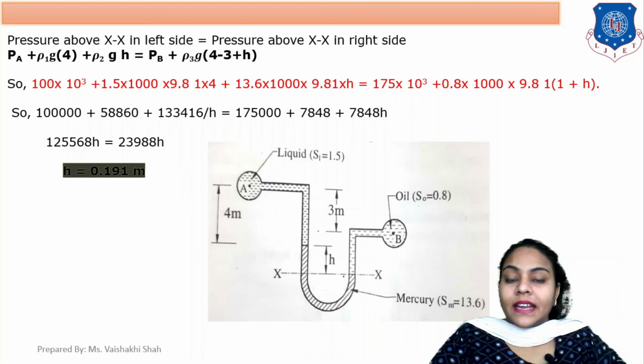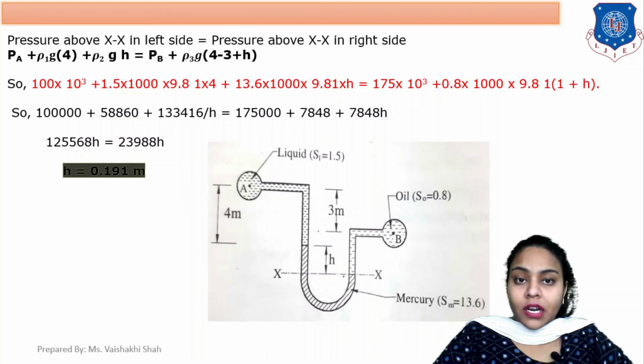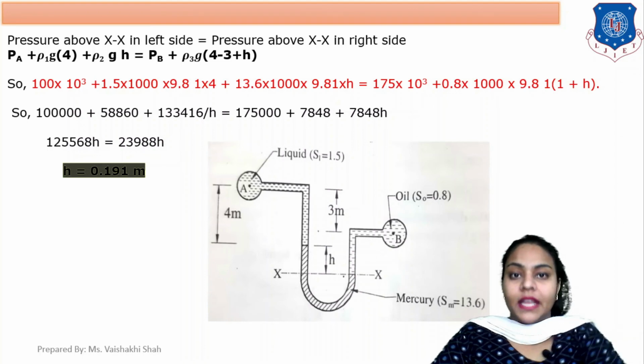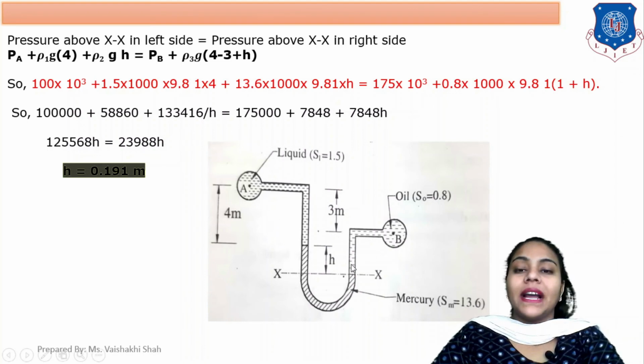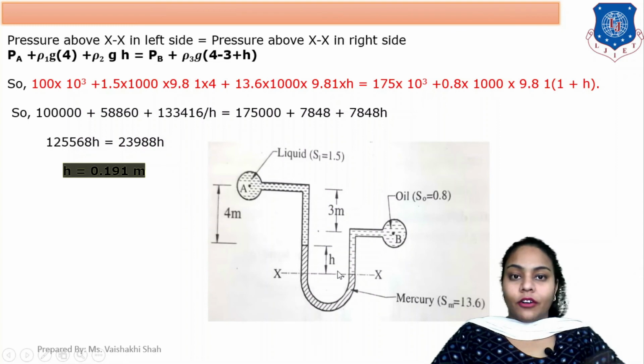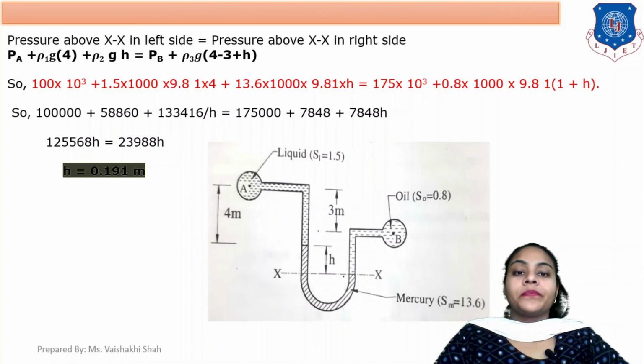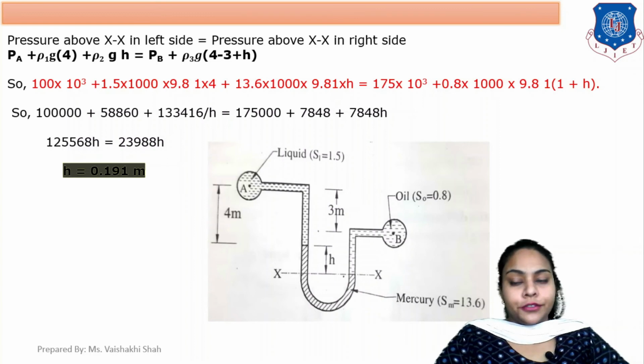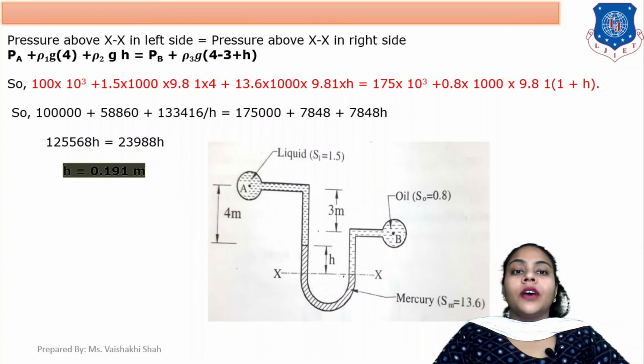You can say that it is 4 minus 3 plus H. Just see the diagram, this height is 4 minus 3, so you get this height plus H, that is your height on right hand side.